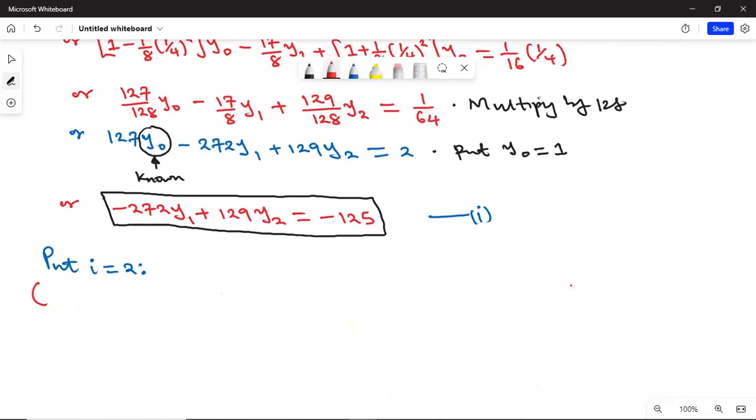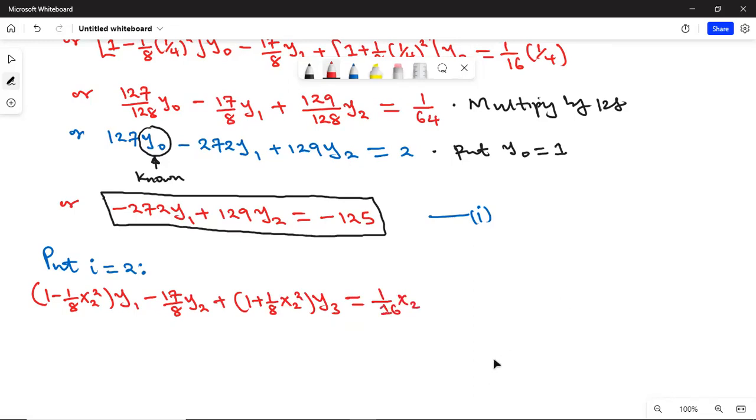It will give us (1 minus 1 over 8 x2 squared) y, now it is y1, minus 17 over 8 y2 plus (1 over 8 x2 squared) y3. On the right hand side we have 1 over 16 times x2.